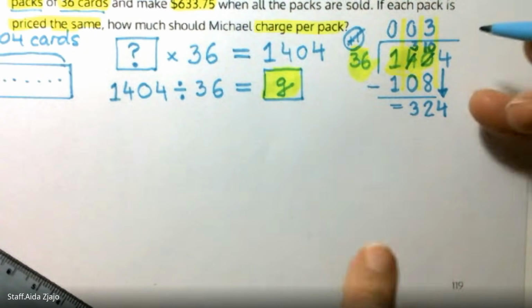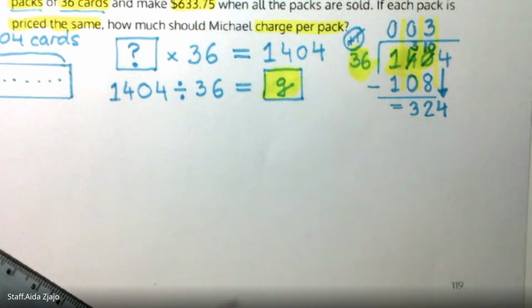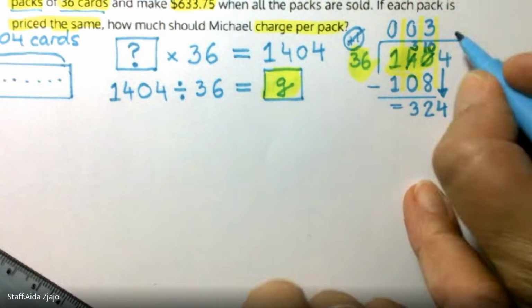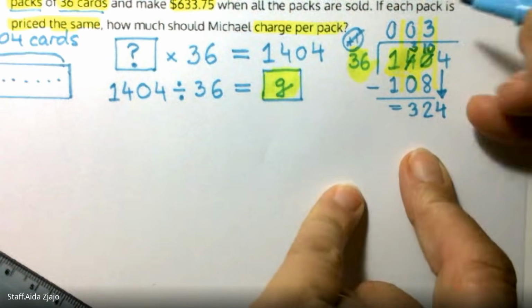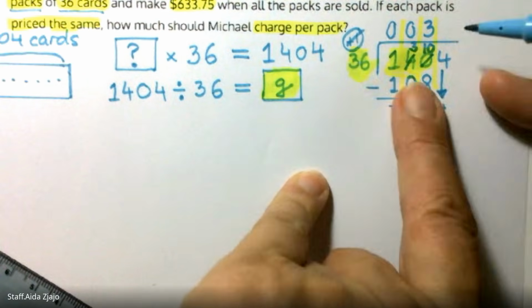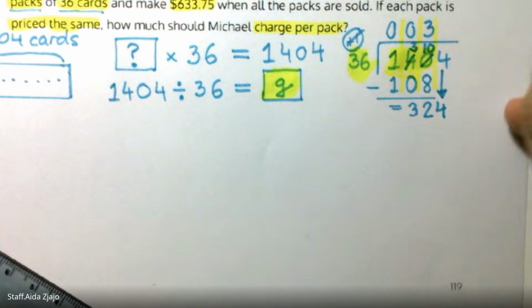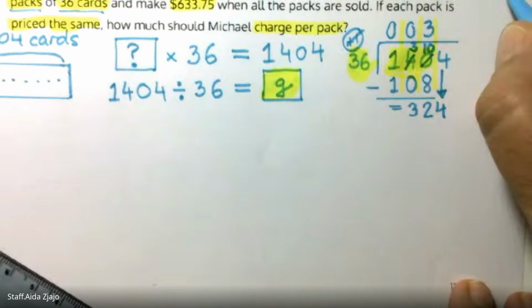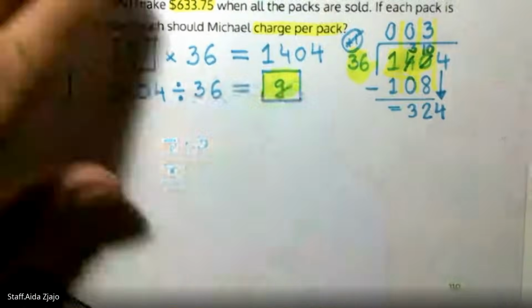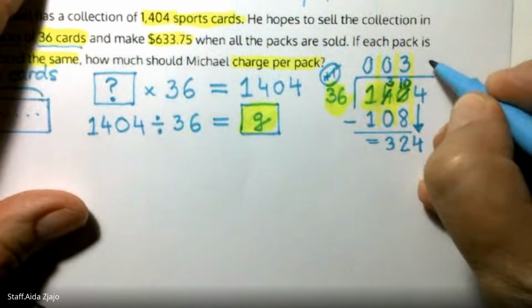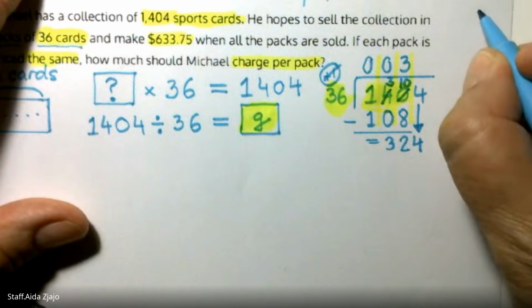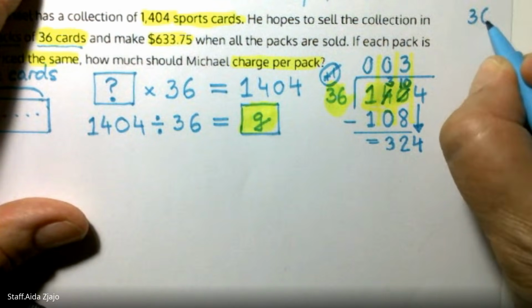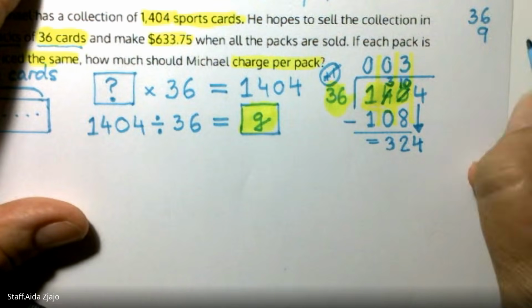I know that 4 times 9 is 36, so I could guess 40 times 9. Let's check. I'm guessing that here is 9, so I'm going to do 36 times 9.